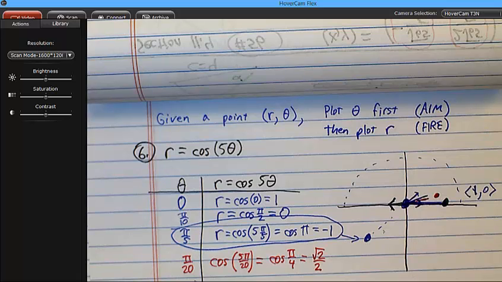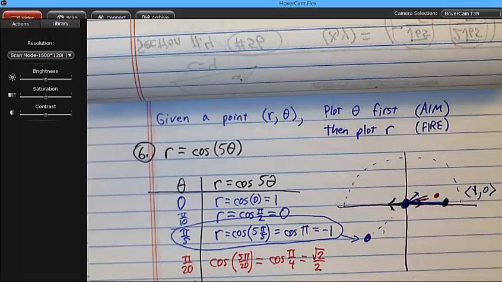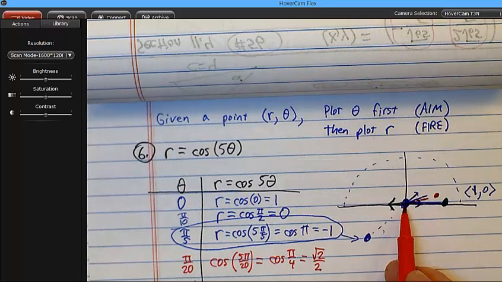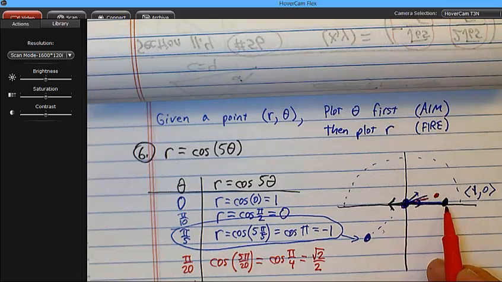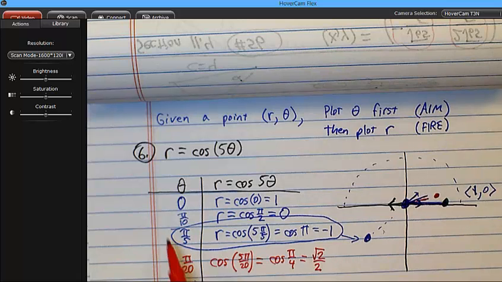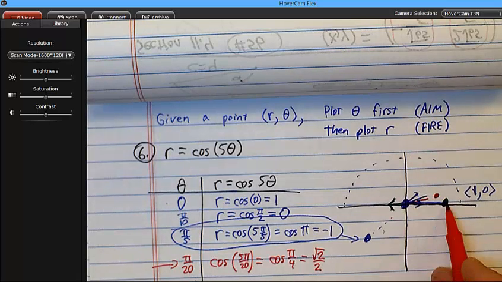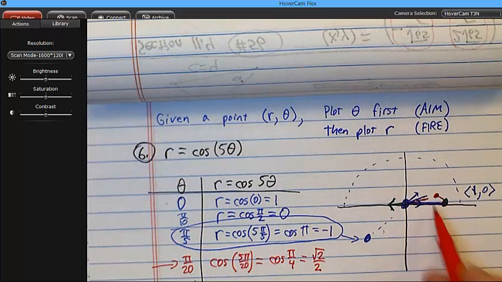All right. So I'm going to show you what happens. The gun starts out aiming at 0, a 0 degree angle, so it's aiming at this point, 1, 0. As the gun begins to rotate through the angles, it's going to get to pi over 20 next. We trace out this piece of the curve.